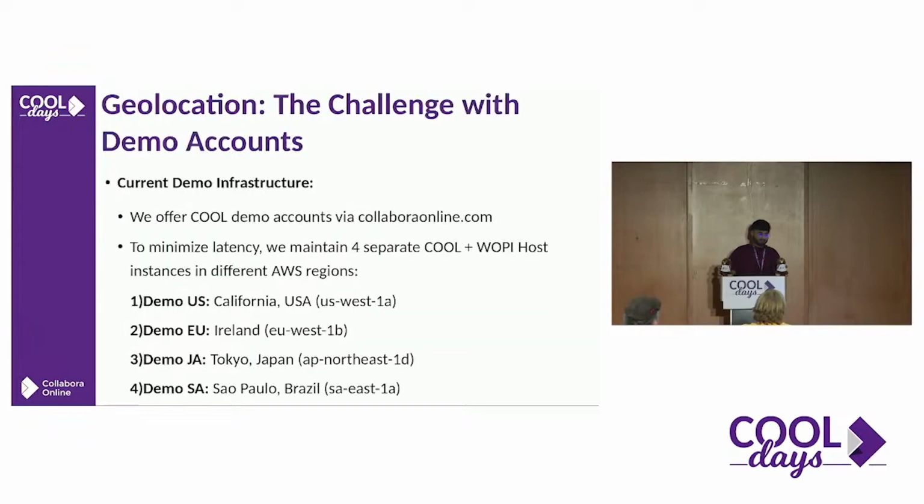The other recent thing I did was geolocation. If you have asked for demo accounts from the Collabora website, you generally get 4 links for different regions: one for US, one for EU, one for Japan, and one for South America. Depending on what you want, you click on it and it creates a demo account for you.